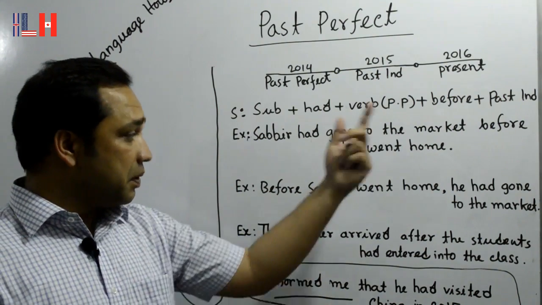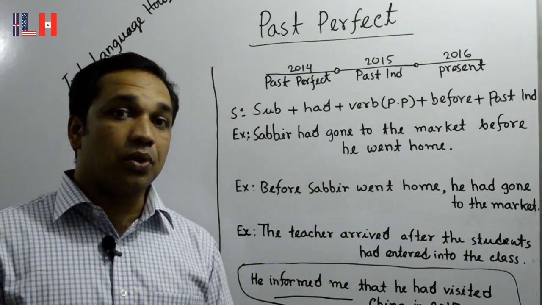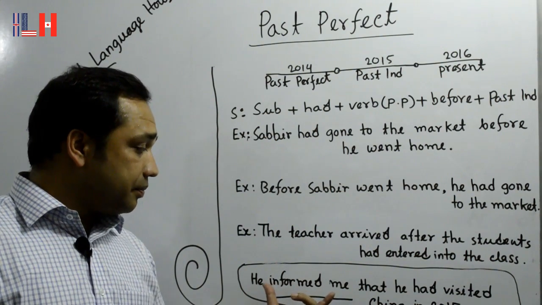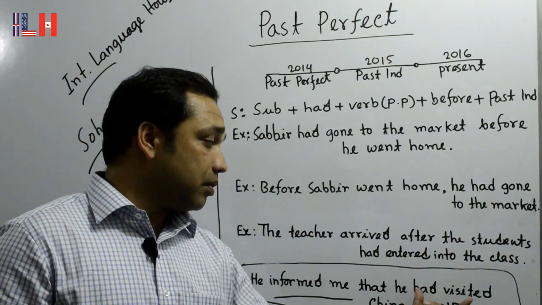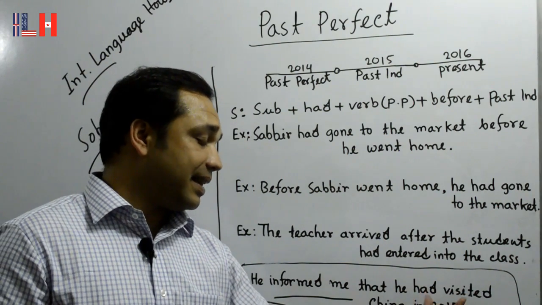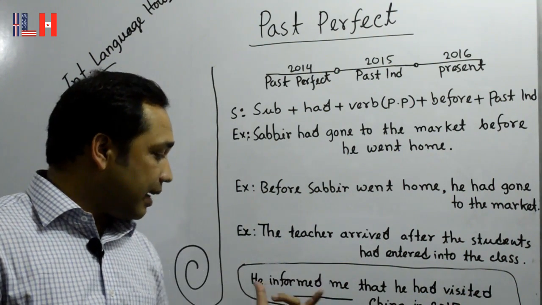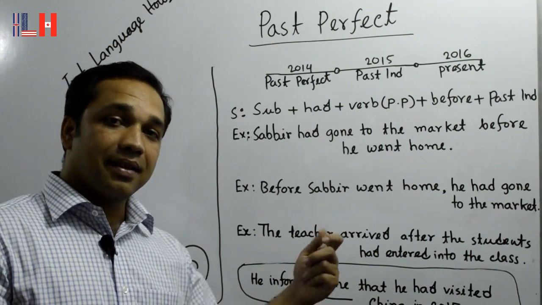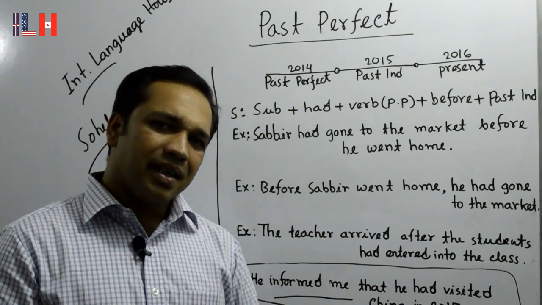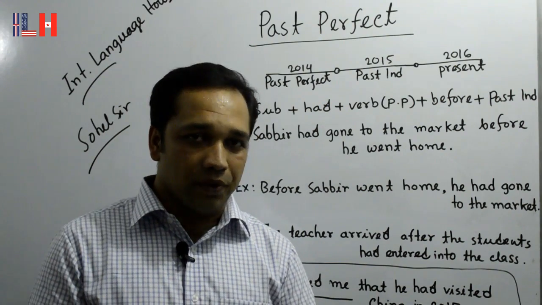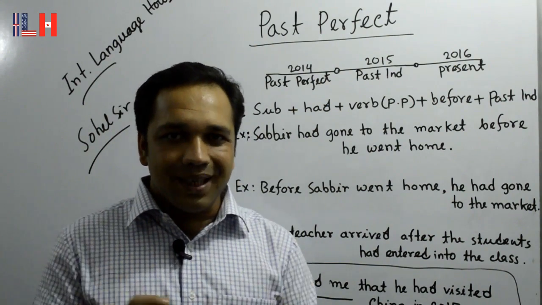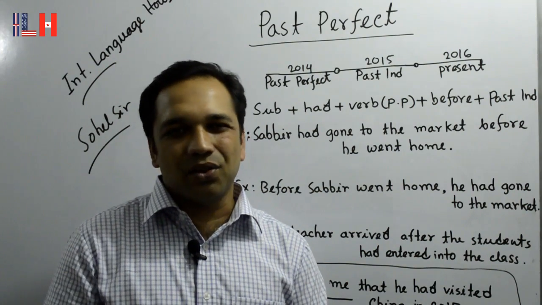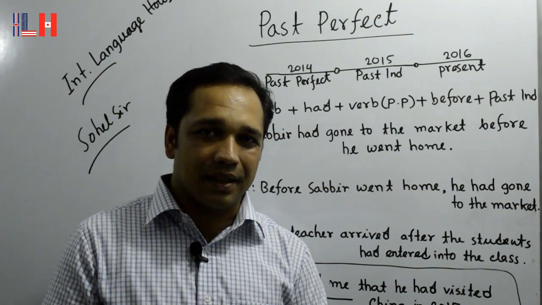We did not use before or after, but still we can understand that that incident happened earlier. It's sometimes a little bit confusing, but if you think with a little care, I think it is not that difficult to understand.